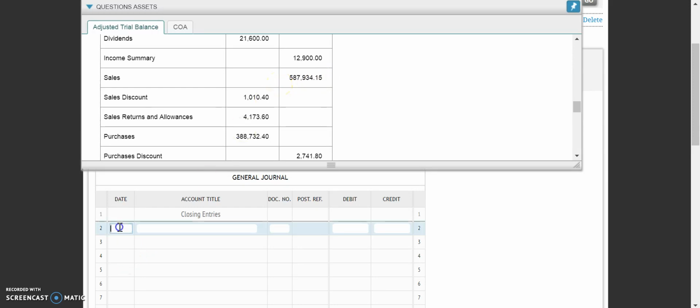So what we're going to do here is I'm going to put the date in as December 31. And then we are going to start putting in all of our accounts that are going to be debited. So our first one is going to be sales, and that's going to be debited for the full $587,934 and 15 cents.